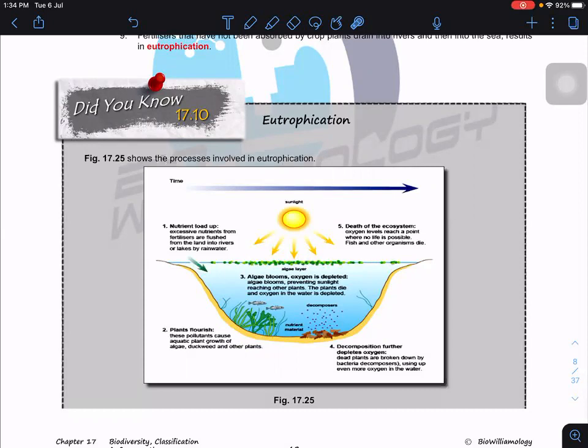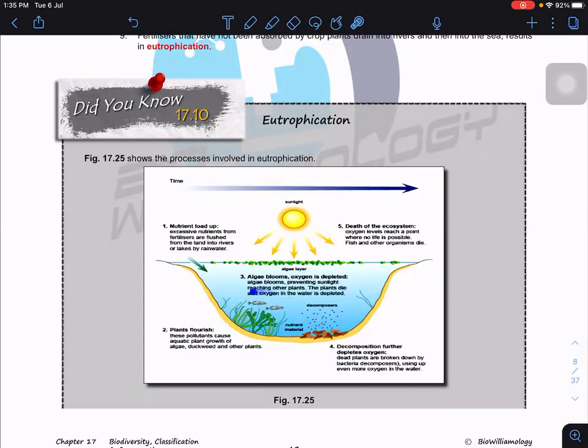So what will happen here is decomposition of the aquatic plants and the algae by the bacteria. So the bacteria overgrow. Overpopulation of the bacteria mops out all the oxygen in the lake.